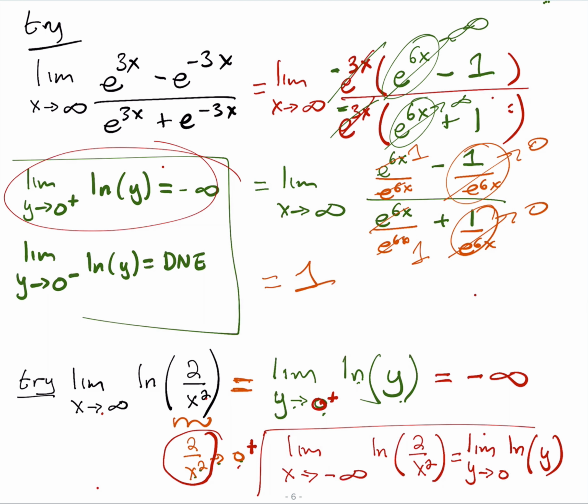Positive again, right? It's negative squared. See how even though x is going to negative infinity, x is being squared, so this is always going to be positive no matter what. So this is minus infinity again.